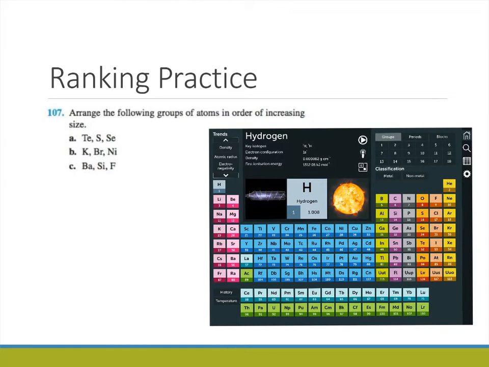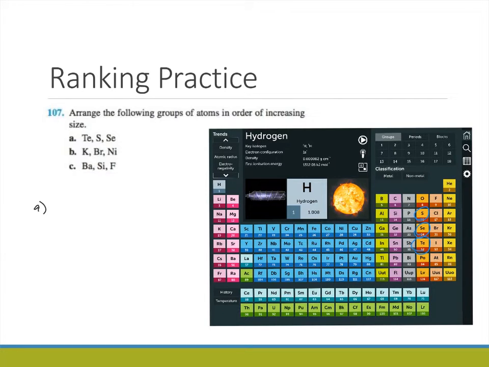All right, let's use our knowledge of these trends to rank atoms. So, number 107 says, arrange the following groups of atoms in order of increasing size. So, A, we have tellurium, sulfur, and selenium.